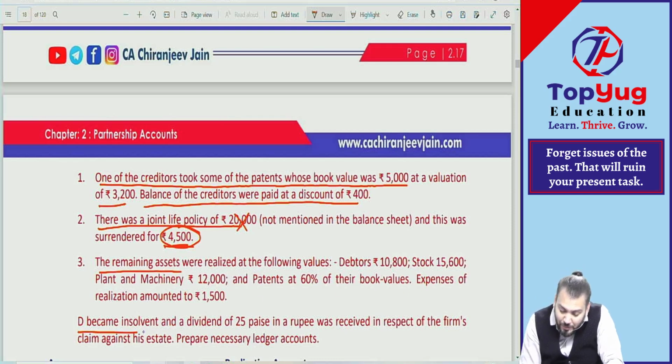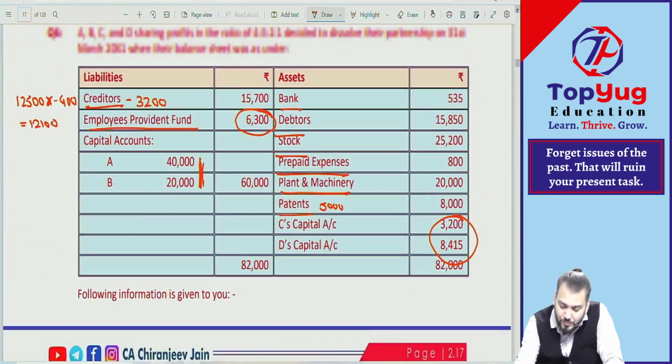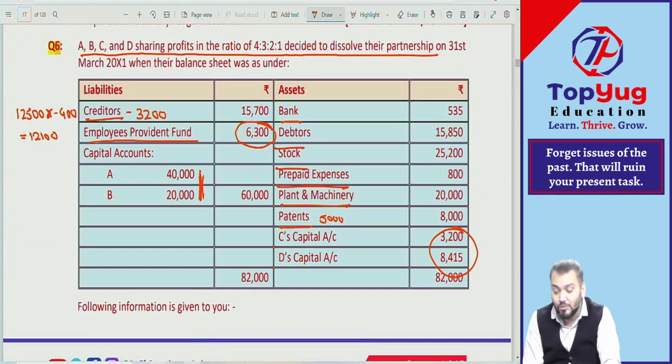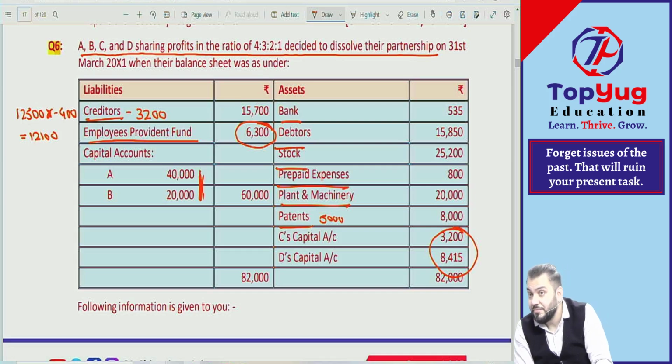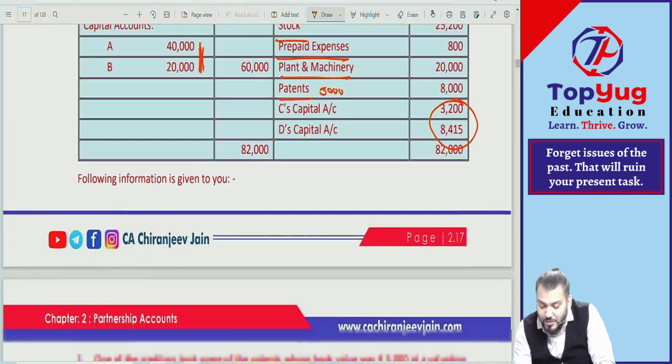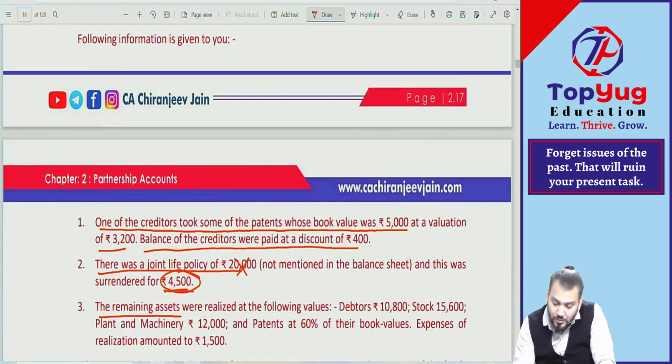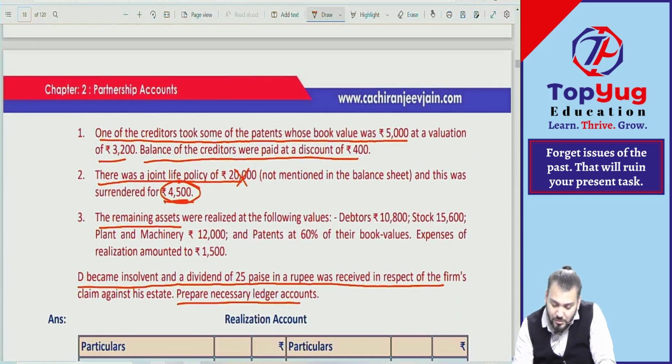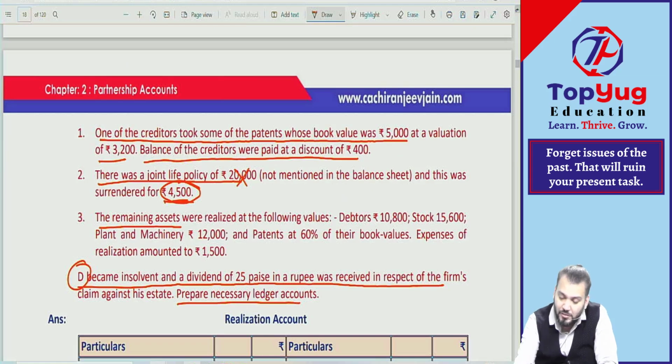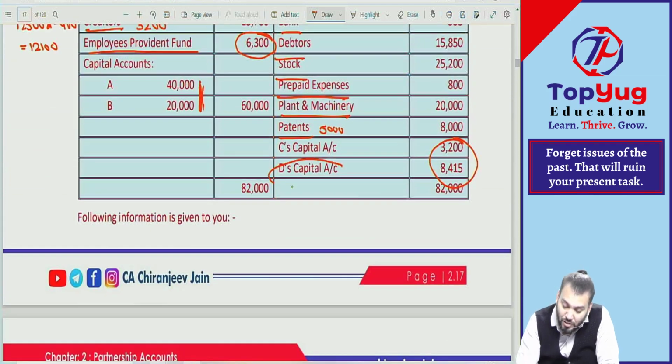D became insolvent and a dividend of 25 paise in a rupee was received in respect of firm claim. Prepare the necessary ledger accounts. One solvent partner will have a debit balance. Who is the insolvent, C or D? Someone is saying C, someone is saying D. D is insolvent, but C is having a debit balance.